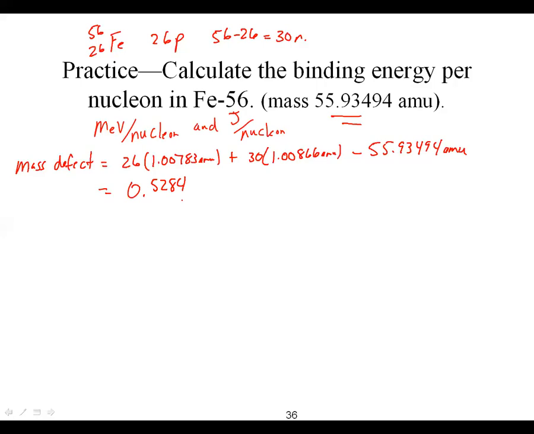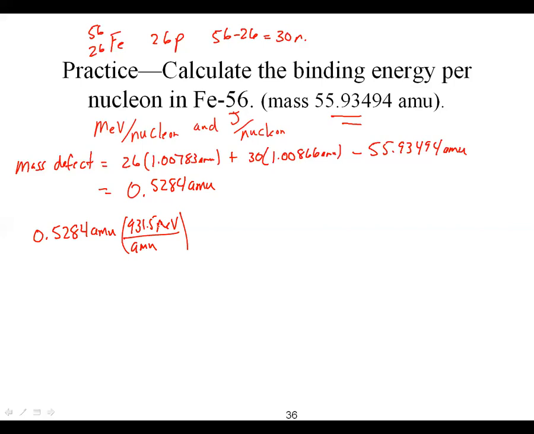Again, here at this point, you do have two ways you could do it. You could use those conversions. You can, again, go into Einstein's equation if you like to. So I'm just going to continue probably with the conversions here. Again, 1 AMU of mass defect is going to be 931.5 mega electron volts there.